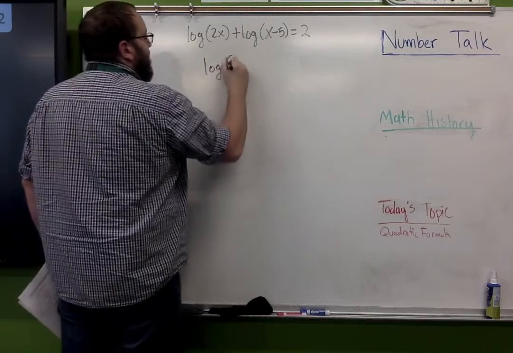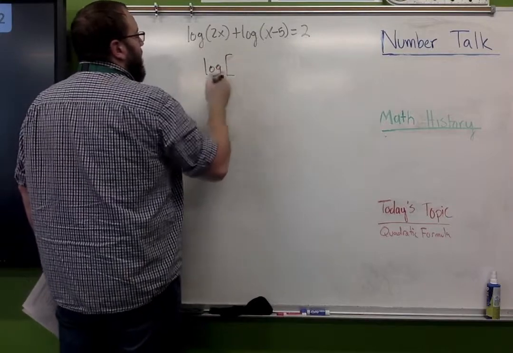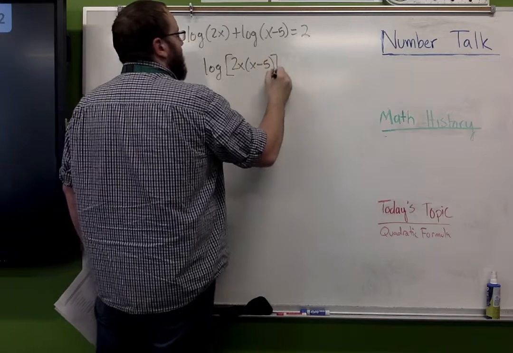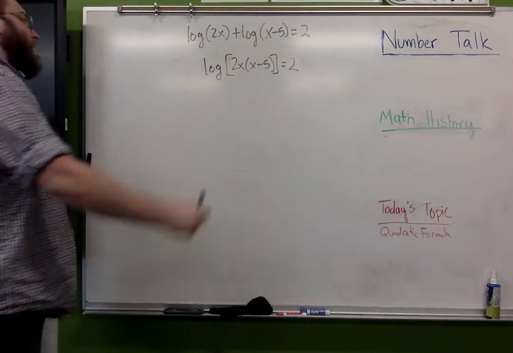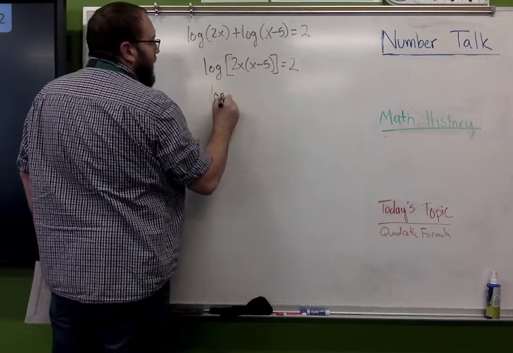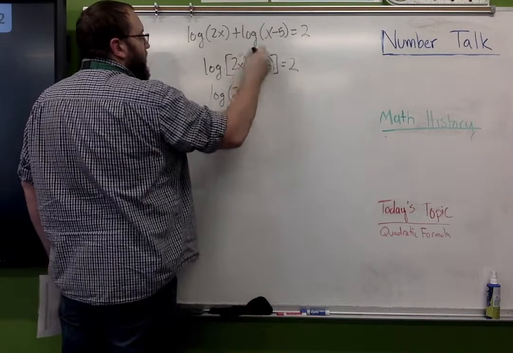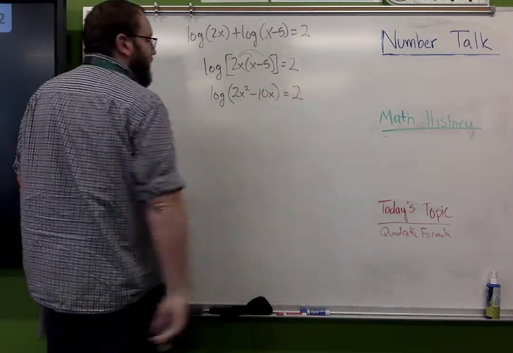Common log of 2x times x minus 5 is equal to 2. Okay? Let's simplify this a little bit. Common log of 2x times x is 2x squared. 2x times negative 5 is negative 10x equals 2.